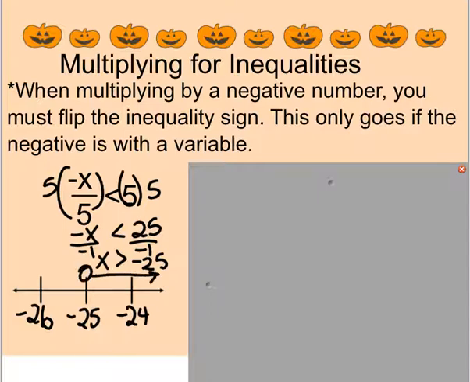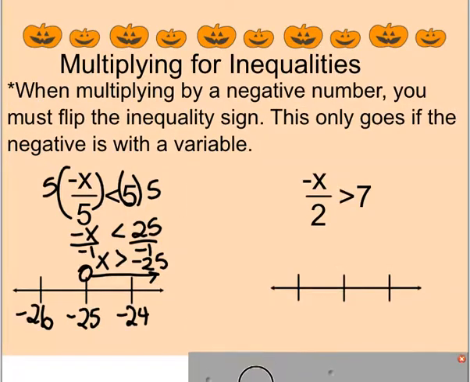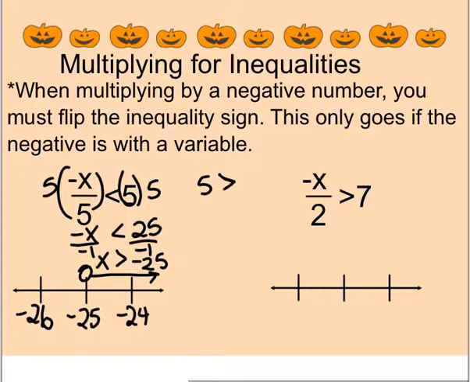Now this may seem a little bit counterintuitive, but if you go back to just pure numbers, we'll do this second one on the right in a second, but if we just say something like 5 is greater than 2, and let's say I were to multiply these by a negative 1, or divide by a negative 1, now I have negative 5 and negative 2.